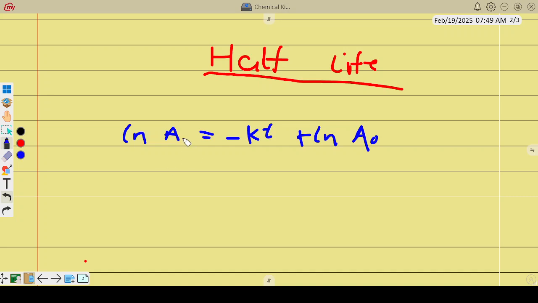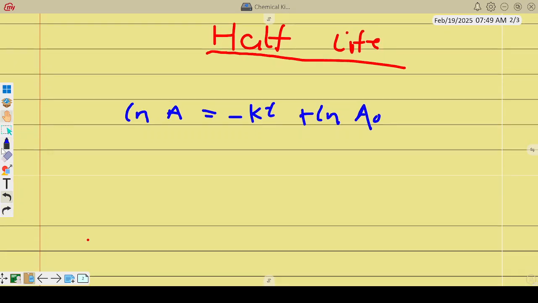So now we write this as A t. So what is the half-life? The half-life, from the word half already you have an idea. So the half-life is simply the time taken for the final concentration to be half. So the time it will take for the final concentration to be what? To be half. So what is the formula for the half-life?